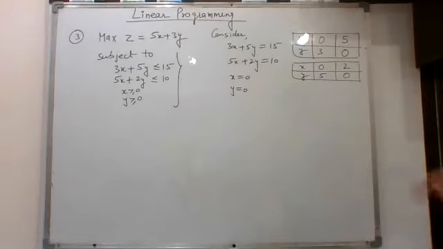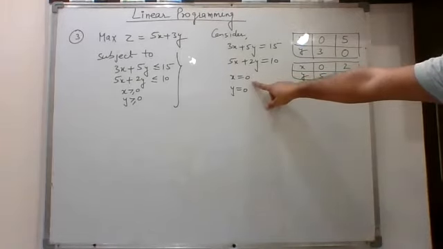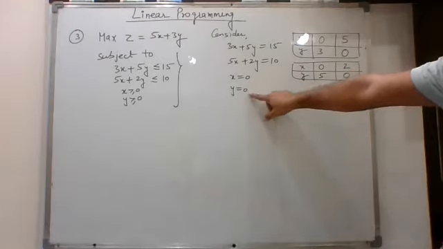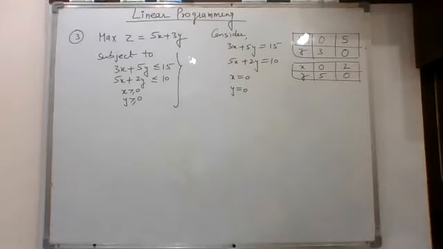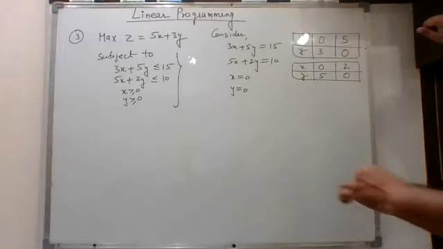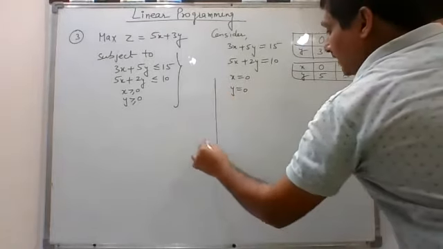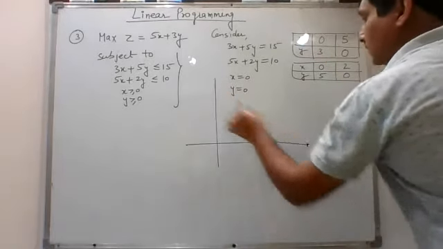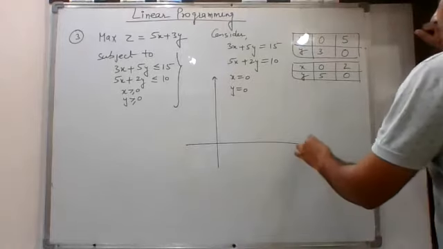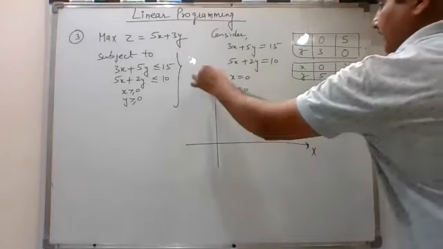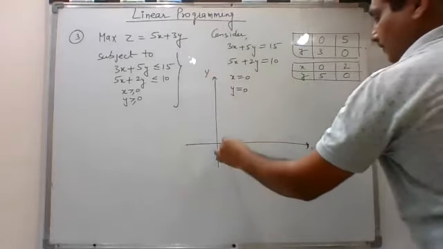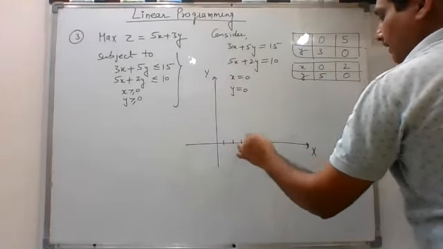Now, x equal to 0, you know that this is your y-axis, and y equal to 0 is your x-axis. So we will draw these two lines, and then we will see the common region. Let us draw this x-axis, y-axis. Let us take some points: 1, 2, 3, 4, 5.